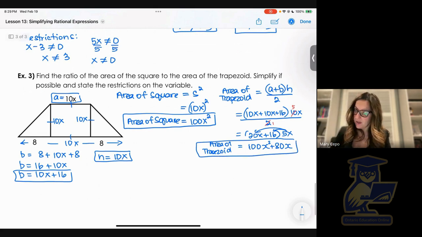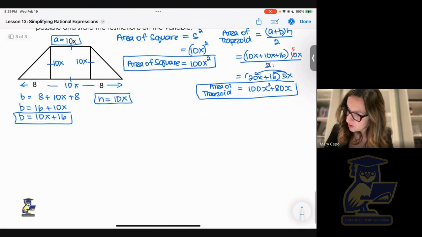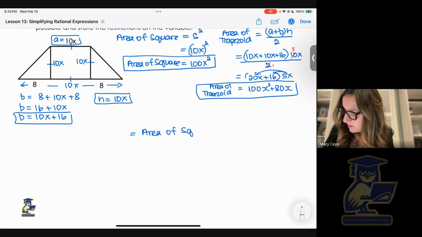Okay, so if we're taking the ratio of the area of the square to the area of the trapezoid, simplify if possible, state restrictions on the variable. We can show that ratio as a fraction. So we're going to take the area of the square over the area of the trapezoid.